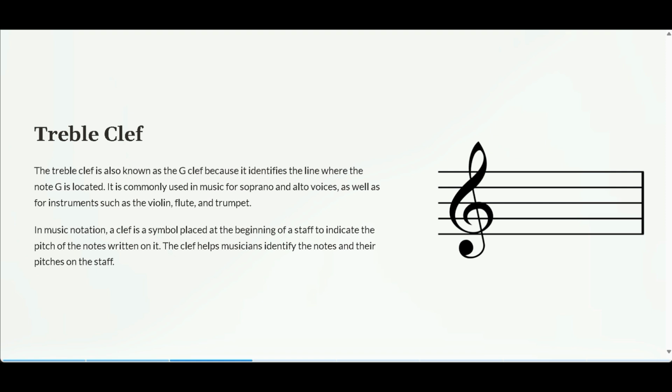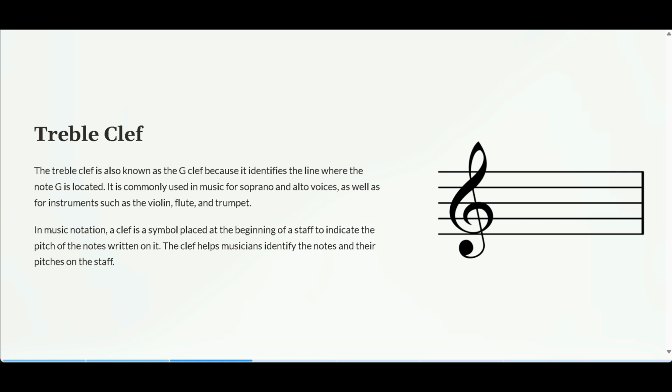A treble clef is called the G clef because it looks like a G, and the line that it curls around, the second line here, this note would be G. So that is called the G clef because of that. Note G is located there.